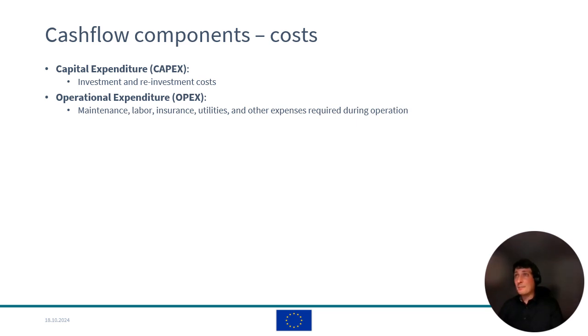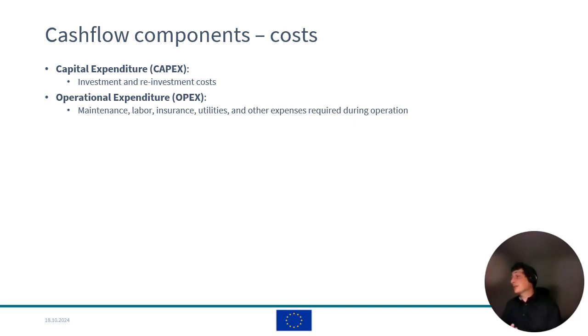Capex is everything that you need to invest to have your system standing there before getting into operation, and reinvests, which we had before. If you reach the end of life and you have to reinvest, that's also a capex, right? But that's basically everything that you have to invest without it operating, right?